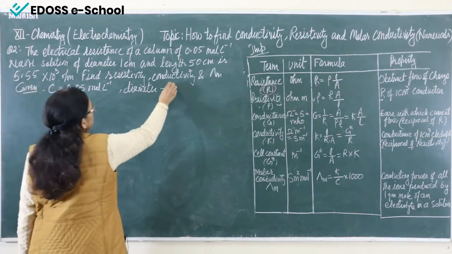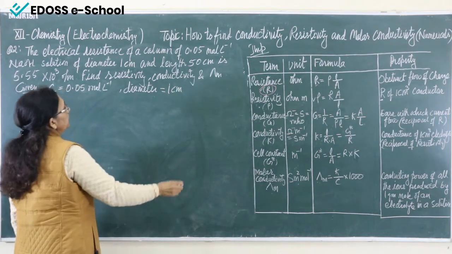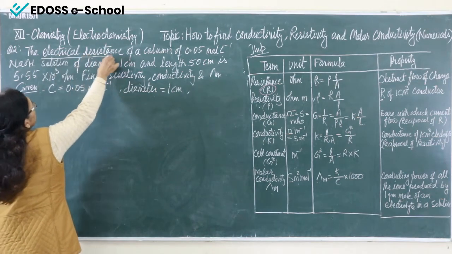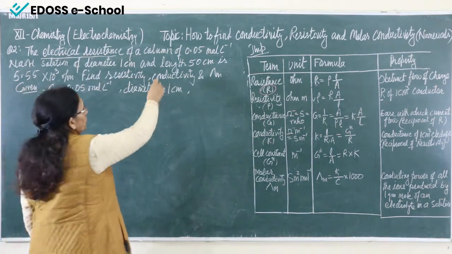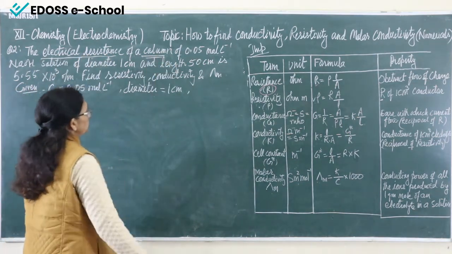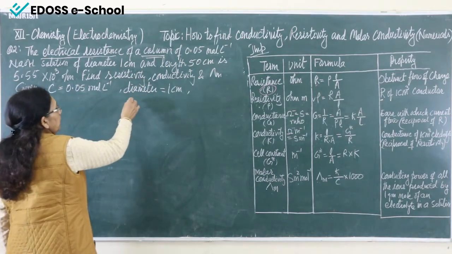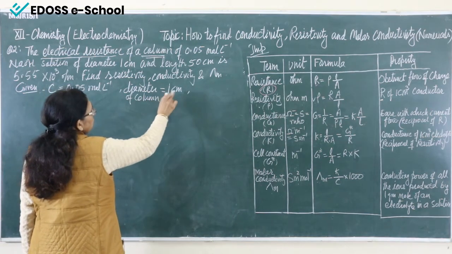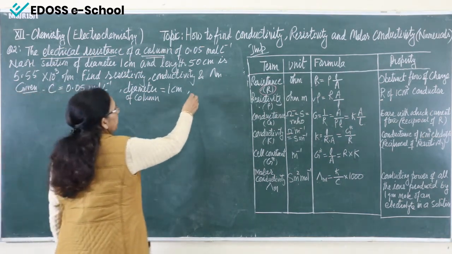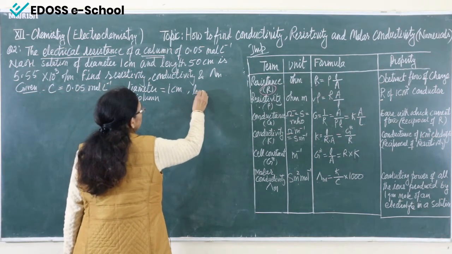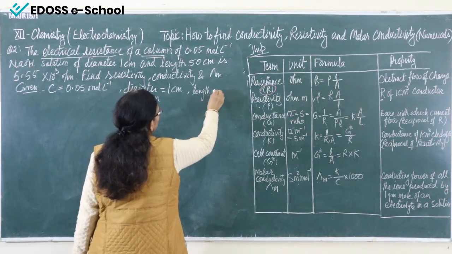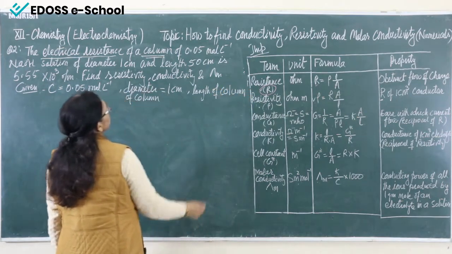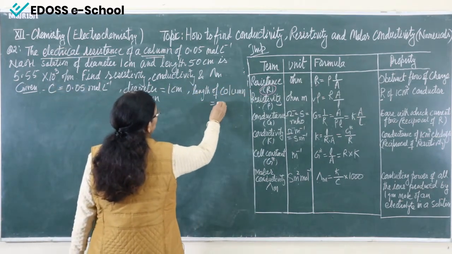Diameter of the column is equal to 1 centimeter and length of column is given to you, 50 centimeter.